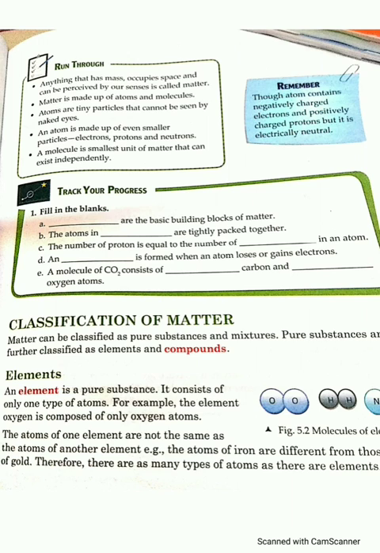Then a dash is formed when an atom loses or gains electrons. What is formed? An ion is formed. Then a molecule of CO2 consists of dash carbon and dash oxygen atoms. So how many atoms of carbon? 1, and 2 atoms of oxygen.